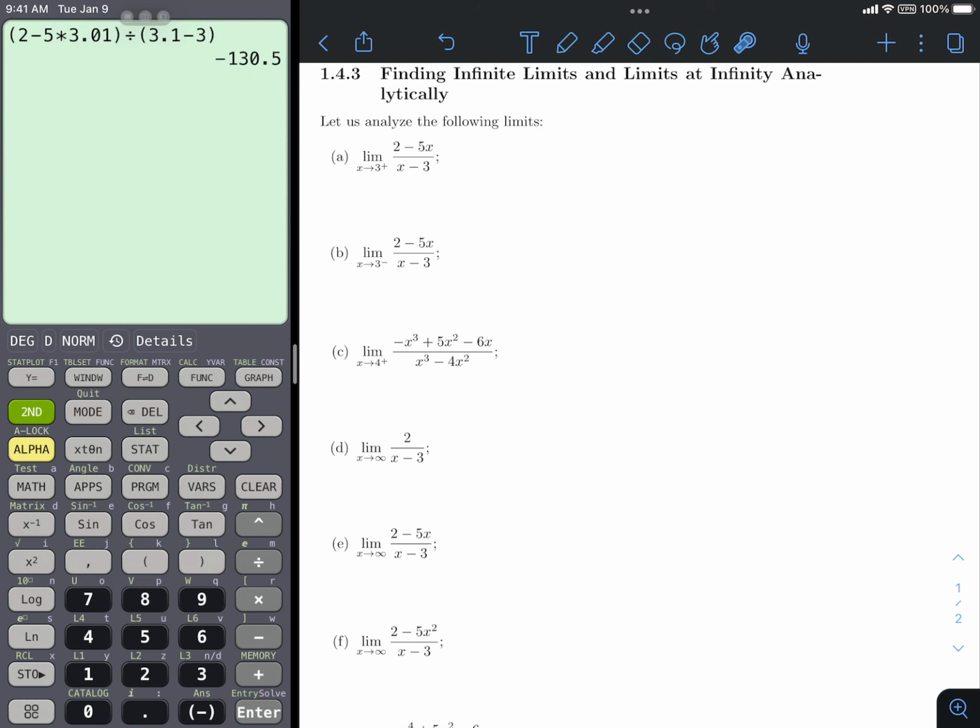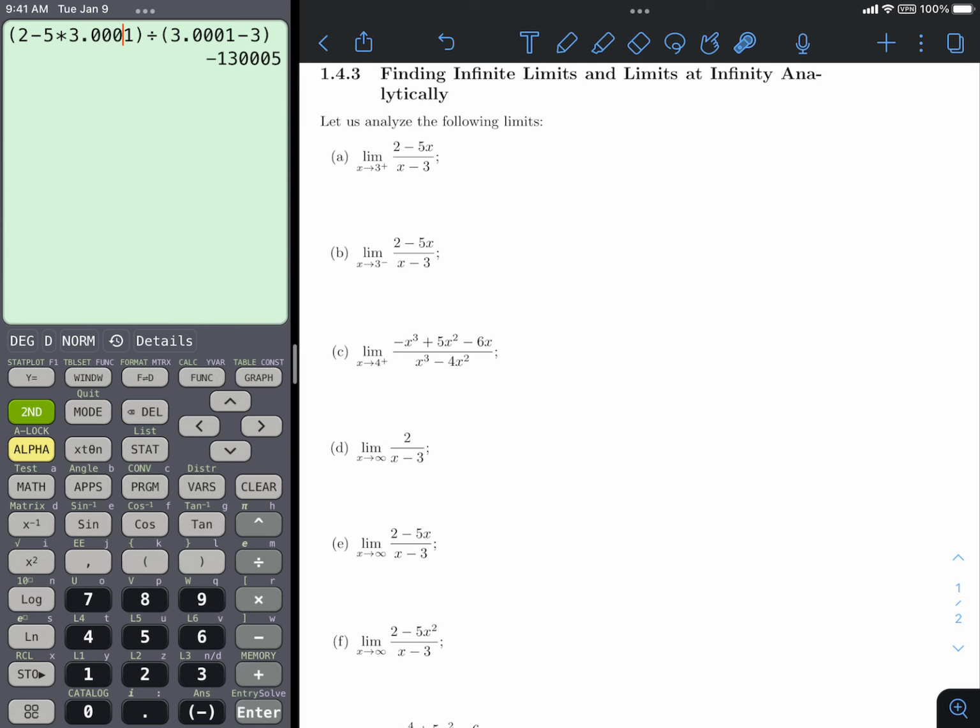And we should get closer to the limit. There you go. You get something in the thousands now. If you do this again, you get something again in the tens of thousands. So the result's getting bigger and bigger, but it's keeping its negative sign.